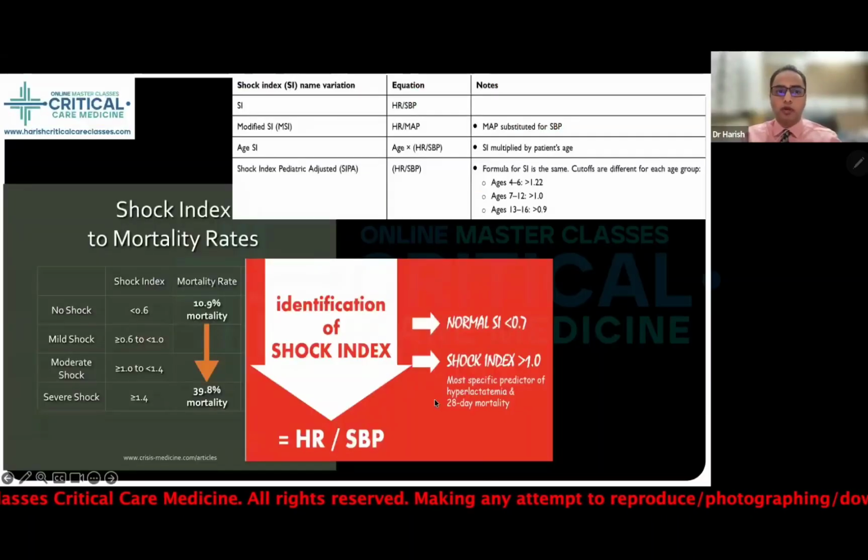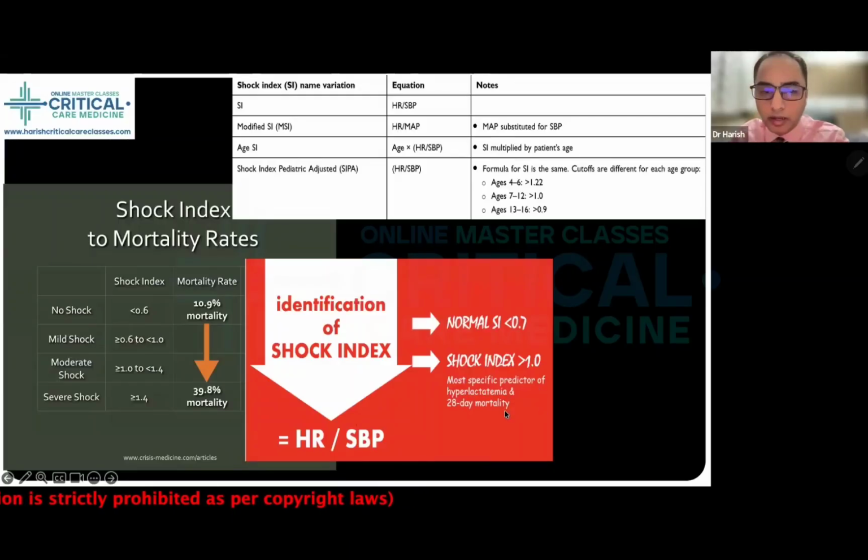One more index to predict mortality is the shock index. It is heart rate divided by systolic blood pressure. The normal shock index is less than 0.6 to 0.7. A shock index of more than 1 is the most specific predictor of hyperlactatemia and increased 28-day mortality. We can have no shock, mild, moderate and severe shock based on the shock index, and when the shock index is more than or equal to 1.4, the mortality is almost 40%.